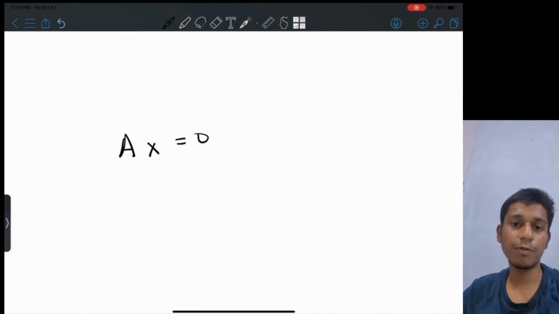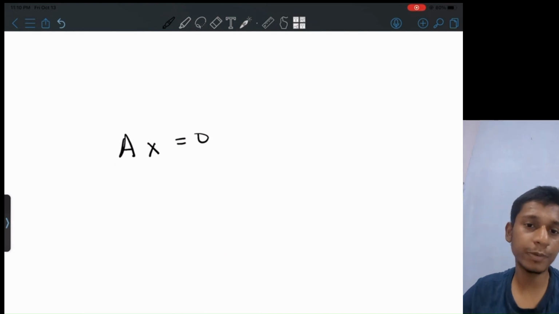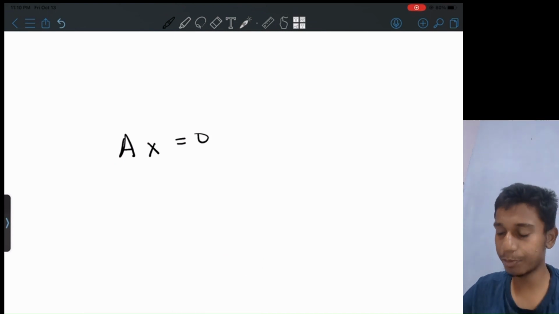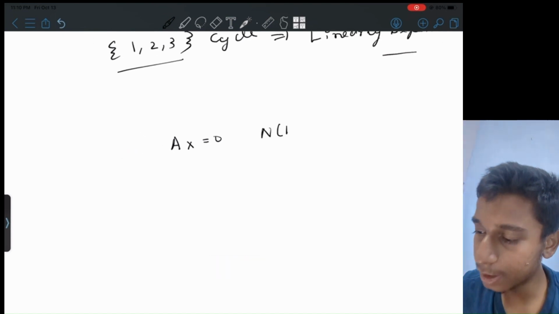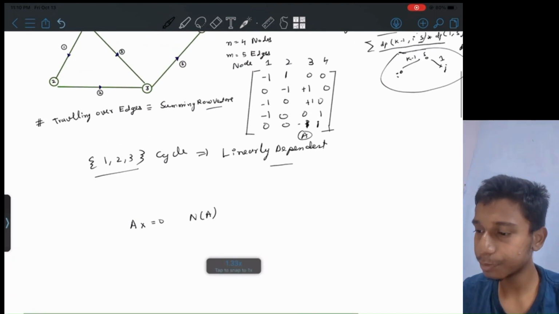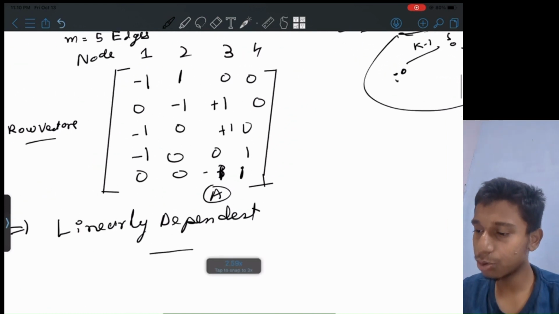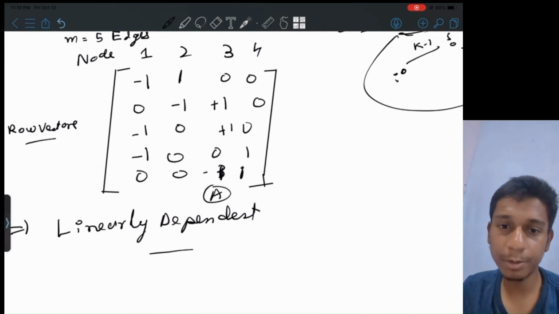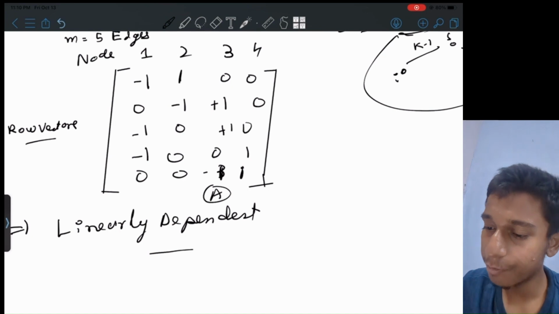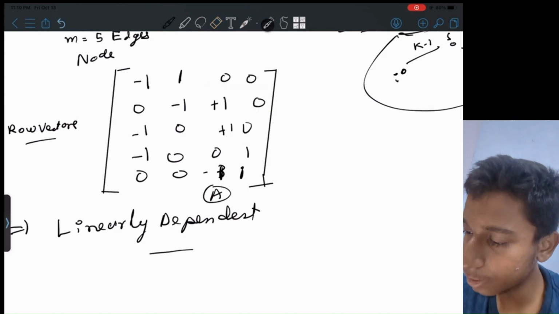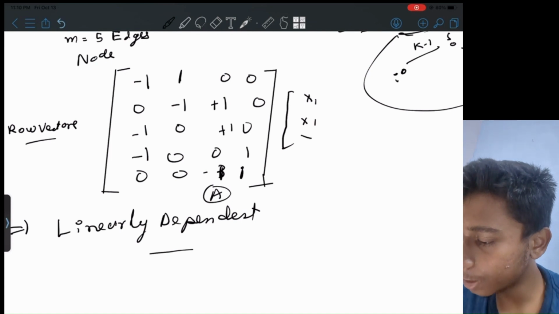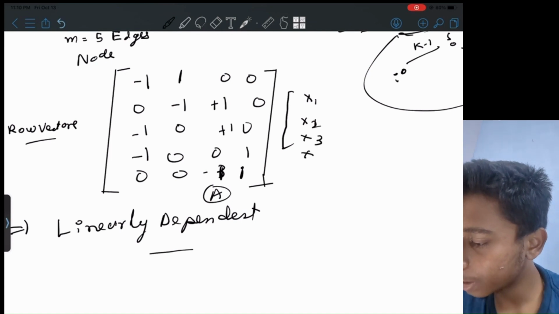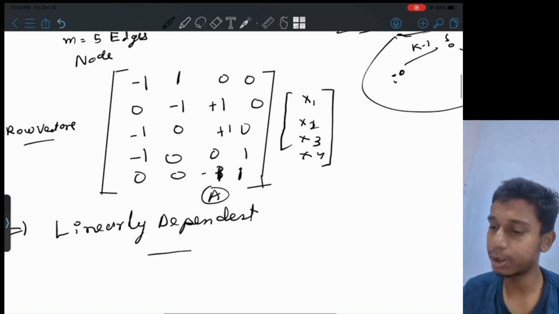For any linear algebra question, we are interested in finding the solution to Ax equals 0, which is the same as the null space of A. So we need a dummy variable x such that we can frame that. I'm taking x1, x2, x3, x4 to be the variables.